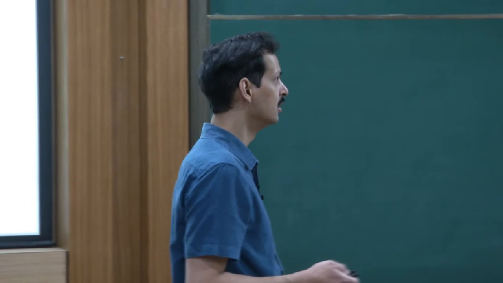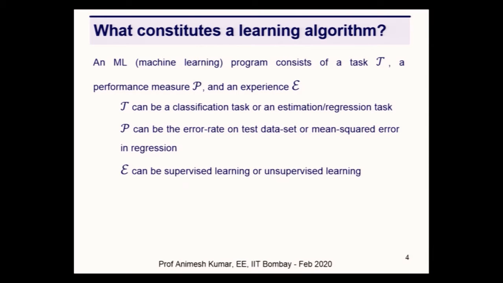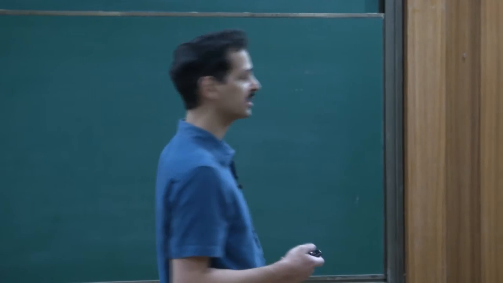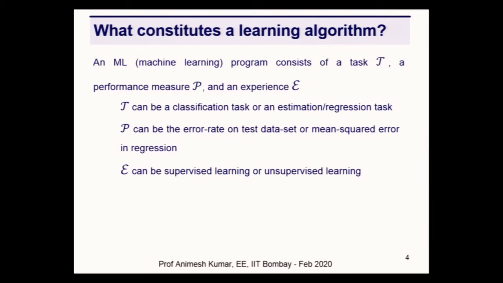All right. So for example, the task can be a classification task, like classify bits into 0 and 1, or classify digits into 0, 1, 2, all the way up to 9, something that we do, for example, in handwritten digit recognition.